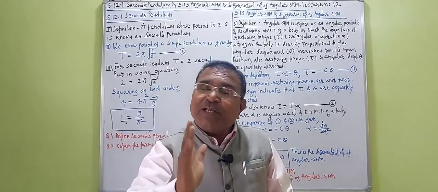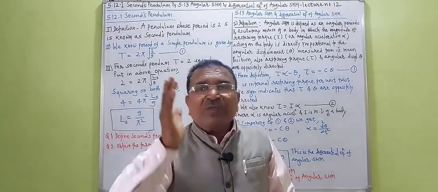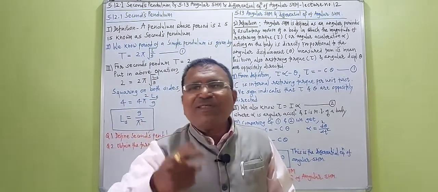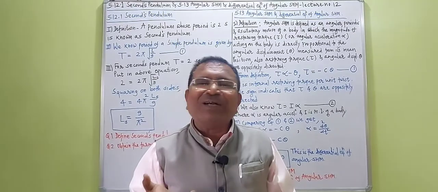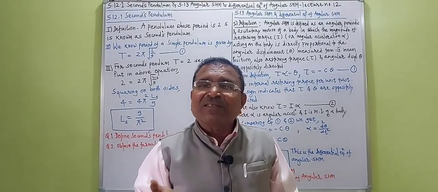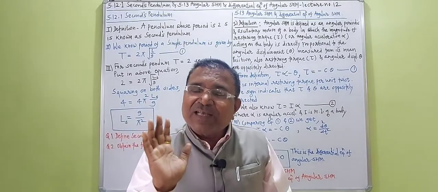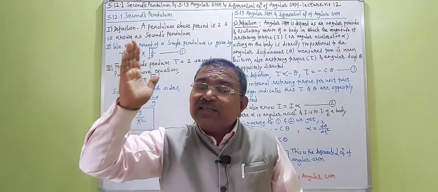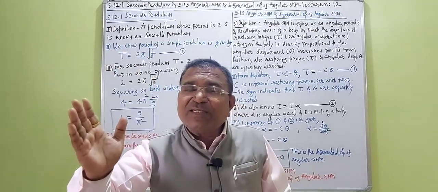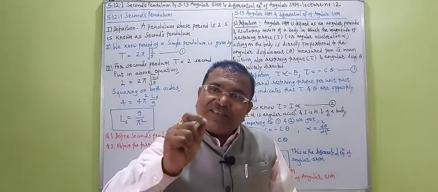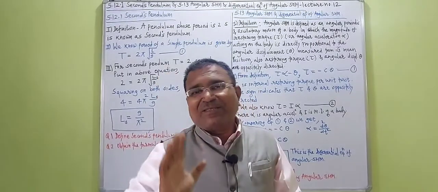Here, restoring torque tau and angular displacement theta are oppositely directed. Very simple definition, dear students. That is the definition of angular SHM. And now, just like the differential equation of linear SHM, we have to discuss today the differential equation of angular SHM.